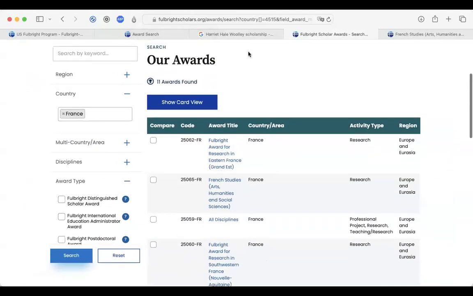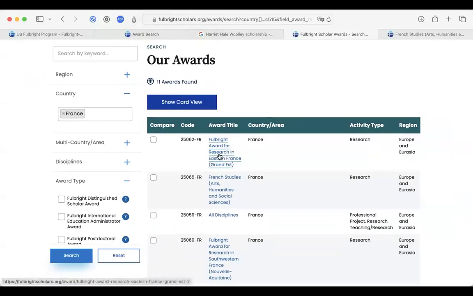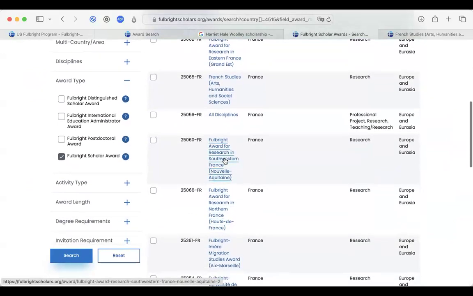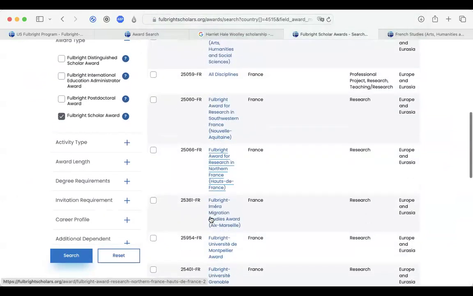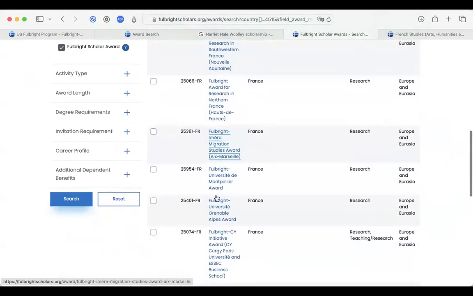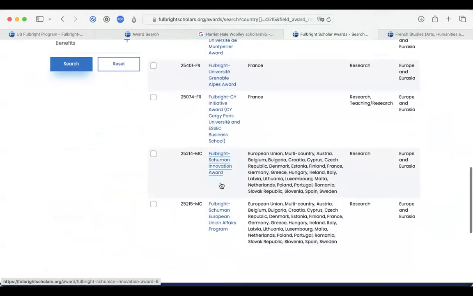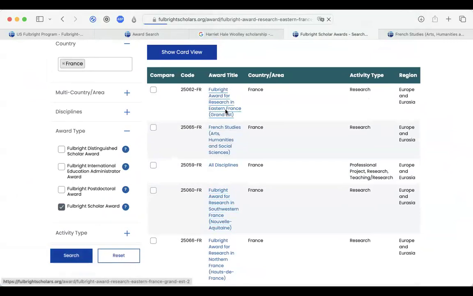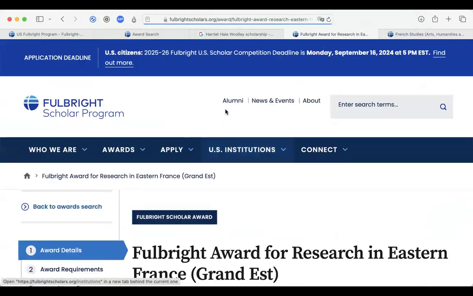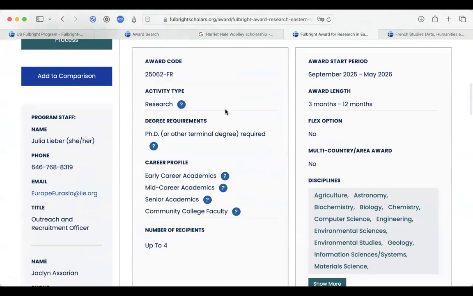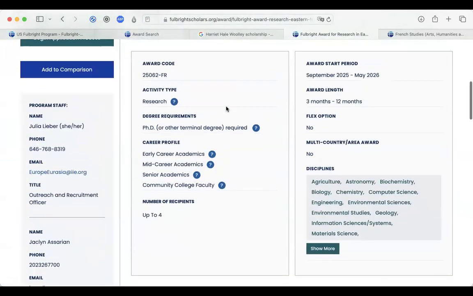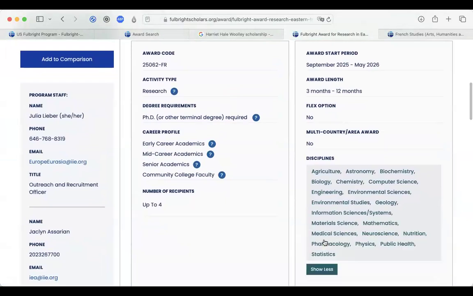And we have research in Eastern France, French studies. Okay, that looks familiar. Southwestern France, Northern France, migration studies. Okay, and if we were to look at, let's say, let's go with this Research in Eastern France award, we'll see that it is open to many different disciplines, but let's show more.